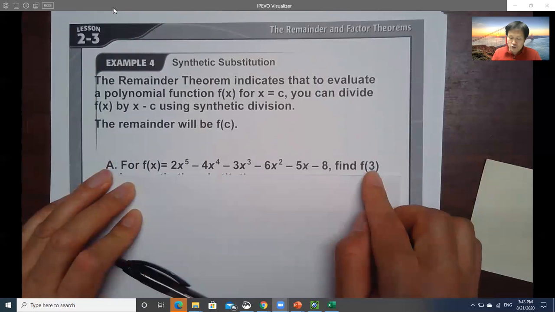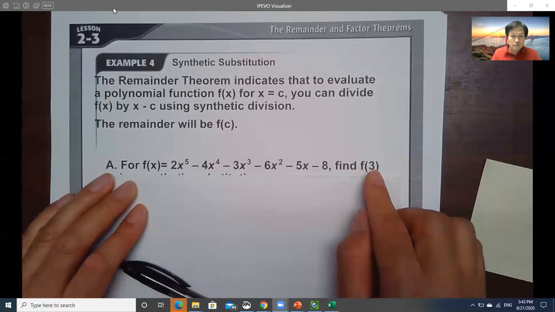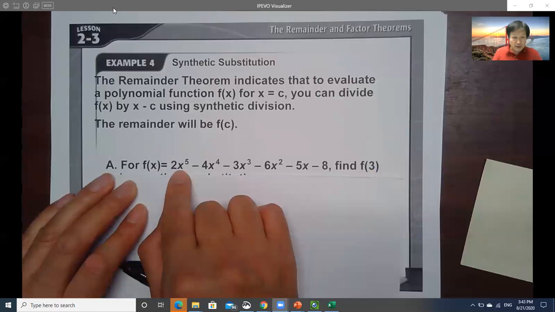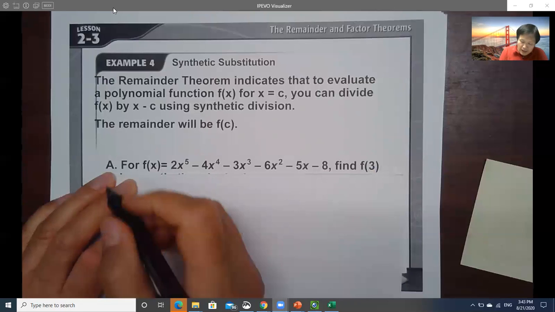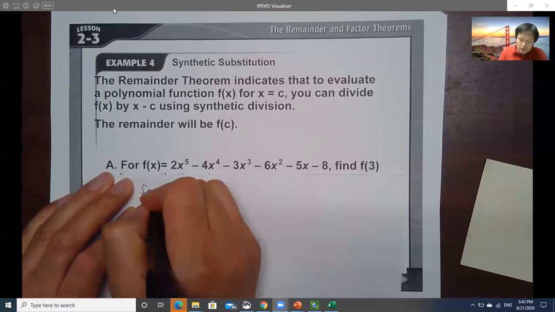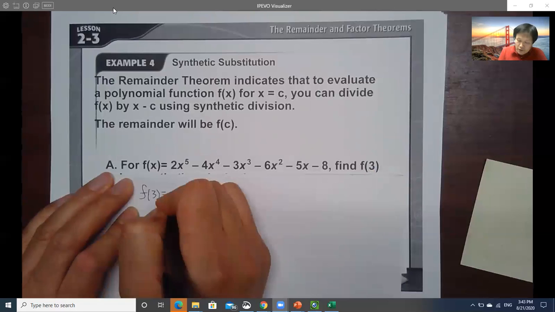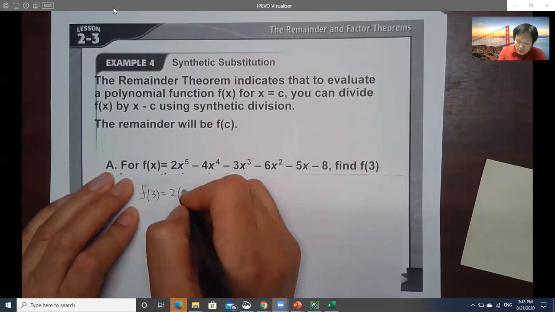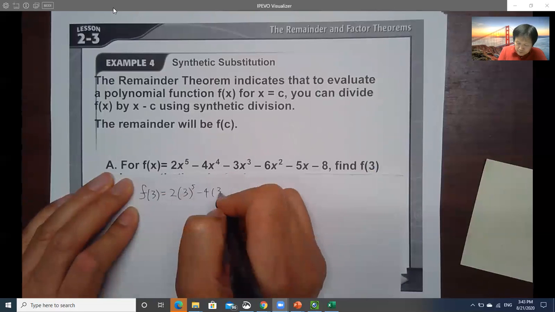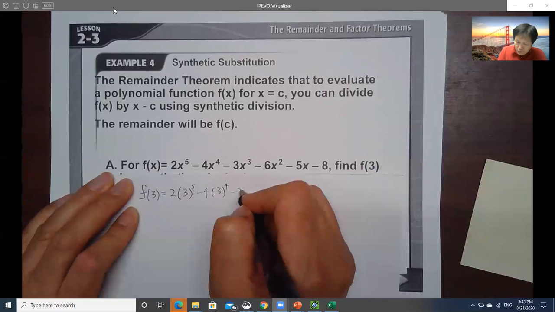So when I ask you to find f of 3, what are you supposed to do with 3? Plug it in for x. Wherever x appears, you plug in 3, plug in 3, plug in 3 for x.